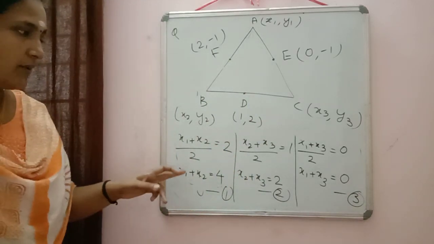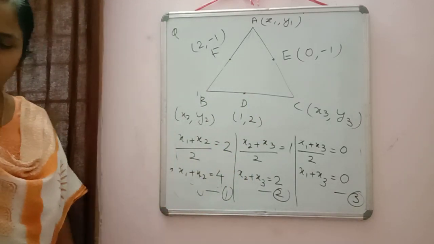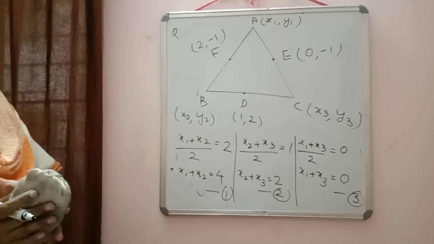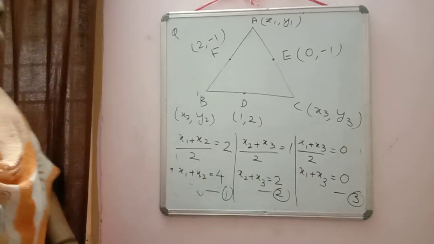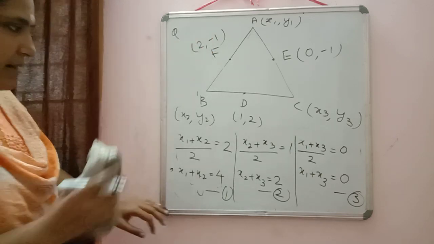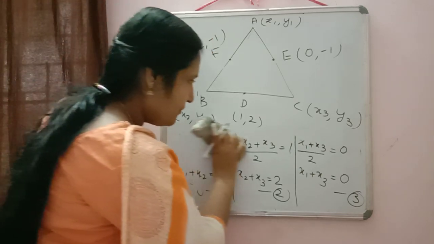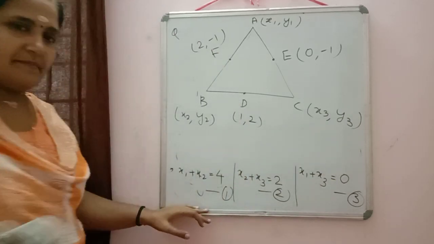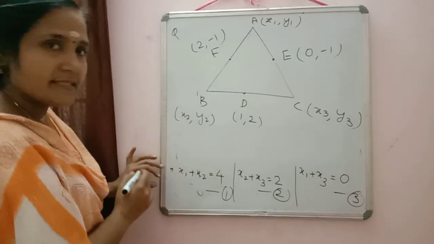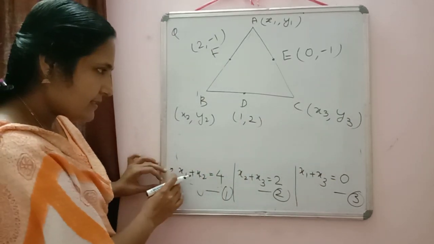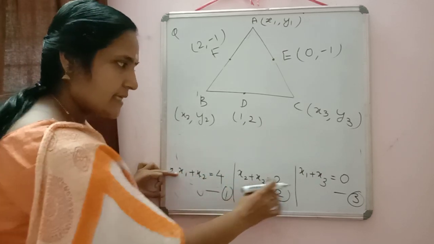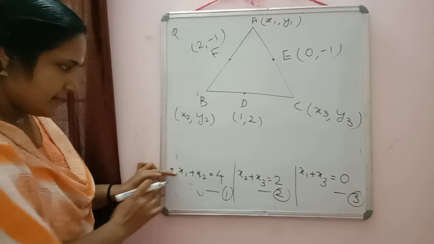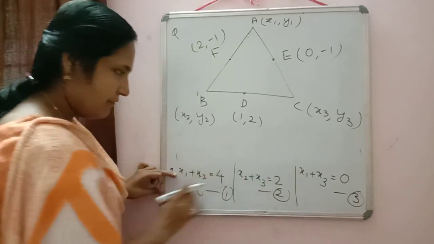Now we want the values of x1, x2, x3 from here. To calculate the values, what will we do? We will add all these three equations. Since I need this diagram, I am writing here only. Hope you don't have any problem with that. So adding all these three equations, the left hand side will get added: x1 plus x2 plus x2 plus x3 plus x1 plus x3. x1, how many times do we have? 2 times.